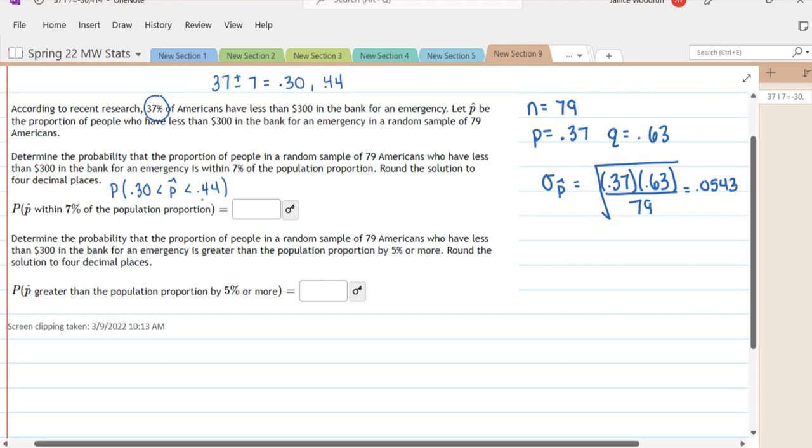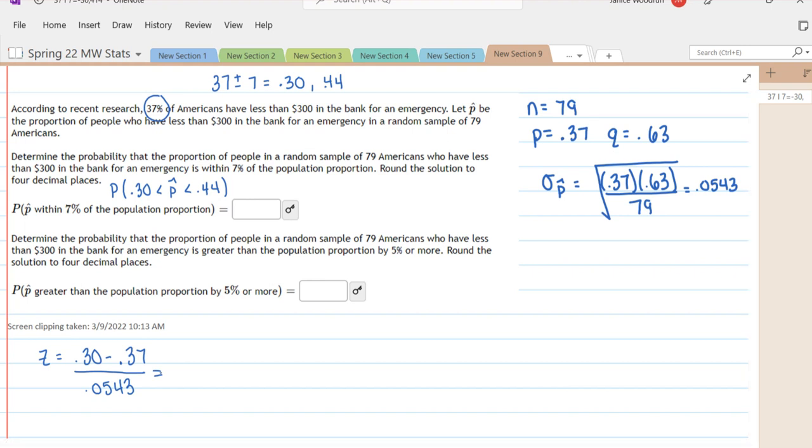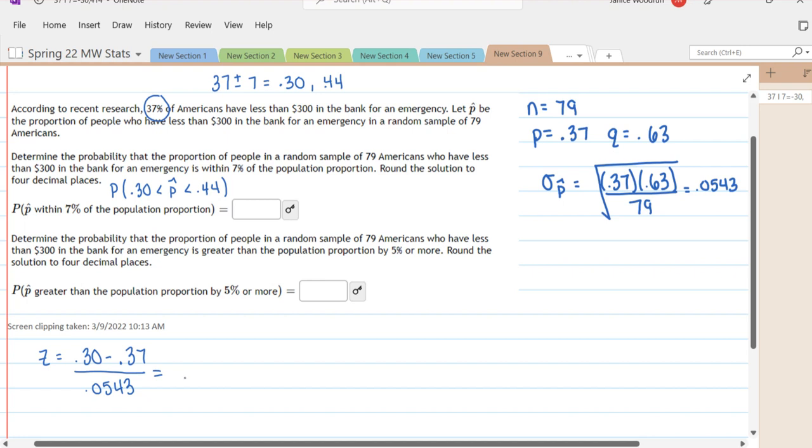Okay, so now we'll want to find the z-score for those two percentages. So z-score for 30%, we'd do 0.30 minus 0.37 over 0.0543. And that is going to give you negative 1.2891.